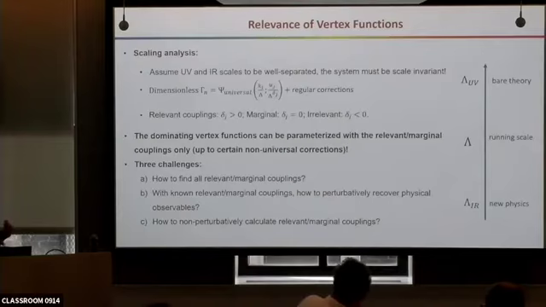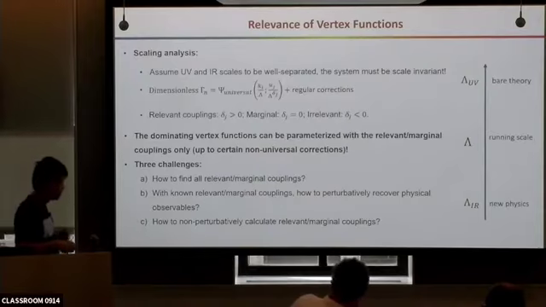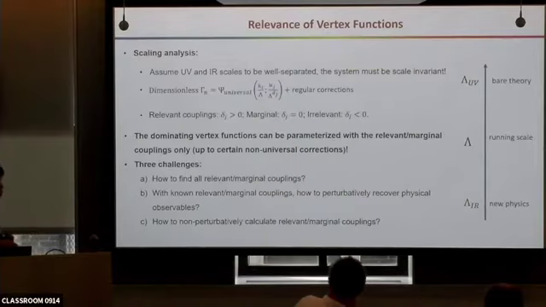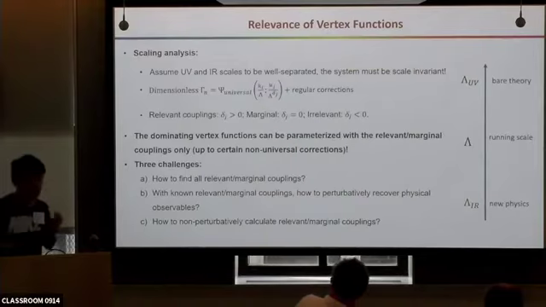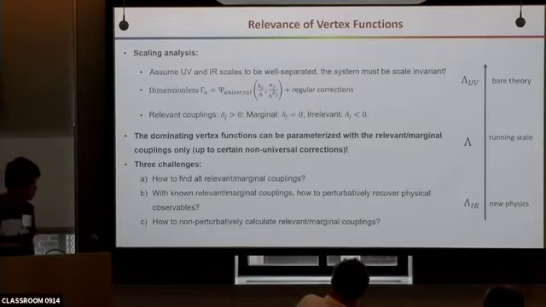And once you construct a renormalized diagrammatic expansion for observables, then the next question is how to calculate these relevant and marginal couplings. These relevant and marginal couplings you have to treat non-perturbatively. Okay, if you treat them perturbatively, then they will become large parameters. So this talk will be organized basically by these 3 steps.